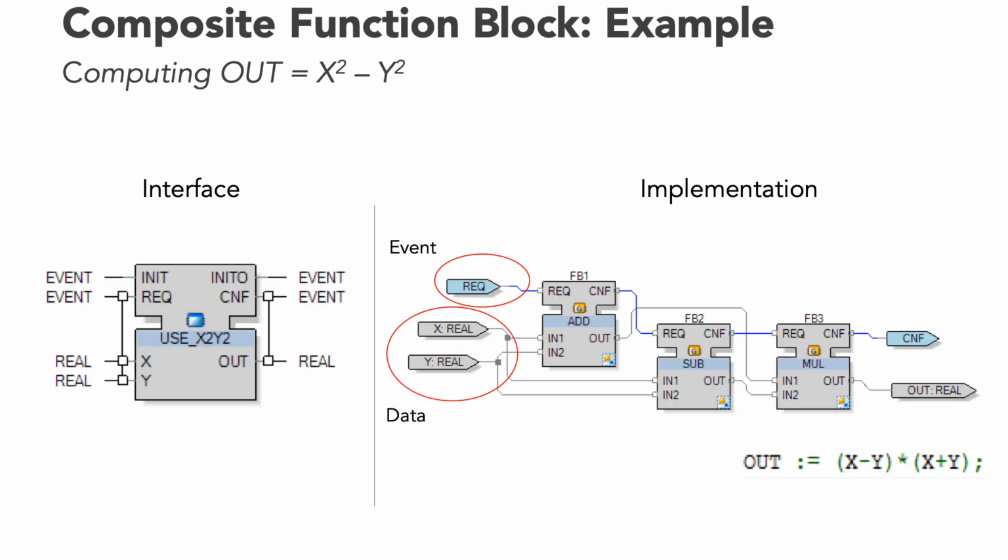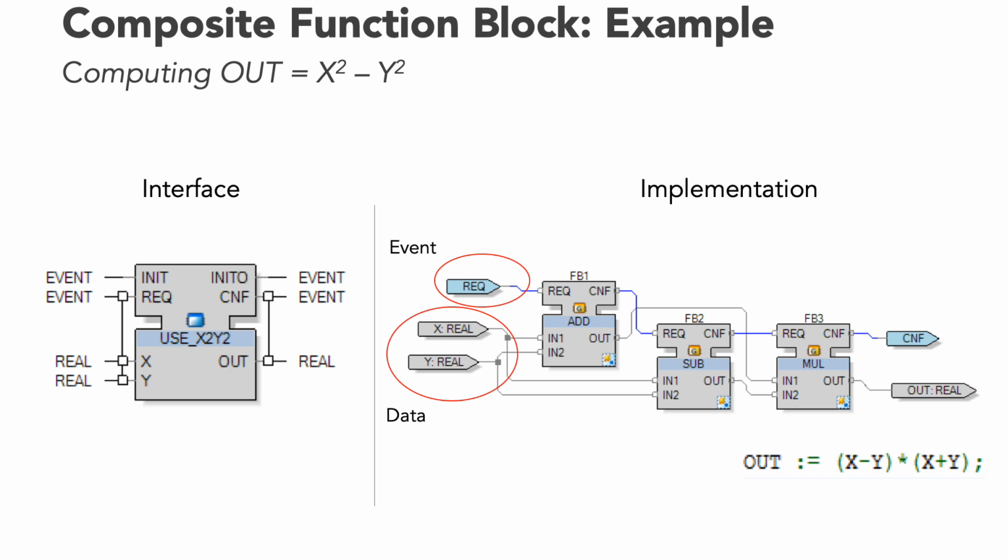So let us see an example, and this example will actually do exactly the same thing as we have seen in the basic function block chapter. This function block will again compute the output variable as x square minus y square, where x and y are its input variables.